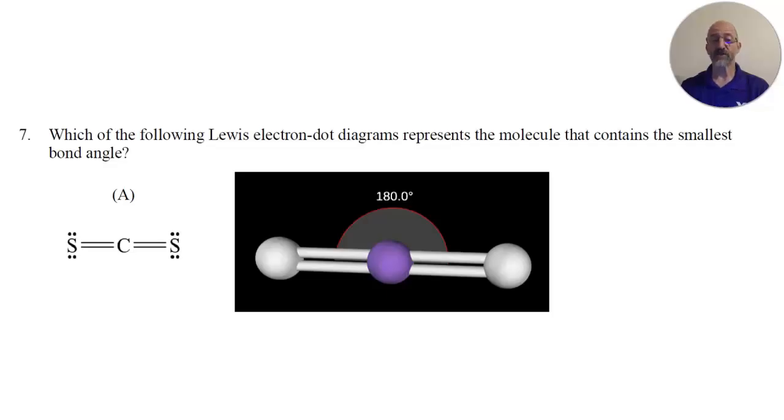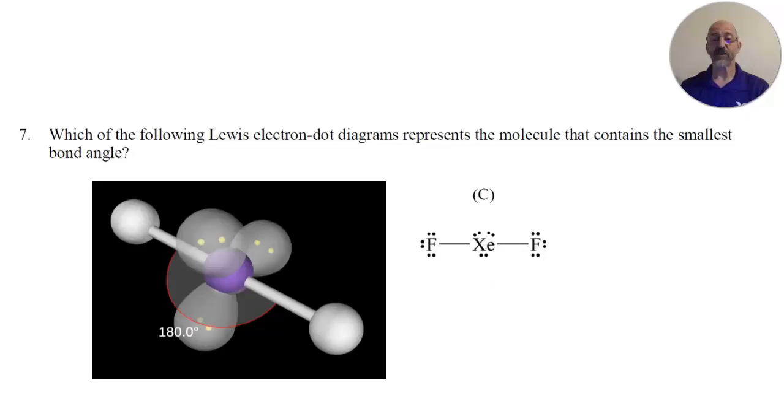Now I'm going to jump from choice A to choice C. In choice C, there are actually 3 lone pairs of electrons on that central atom, but because of the arrangement of the 2 bonding domains and the 3 non-bonding domains, they are oriented, according to VSEPR theory, in a linear shape. So the molecule in choice C, despite the 3 lone pairs of electrons on that central atom, is still a linear molecule.